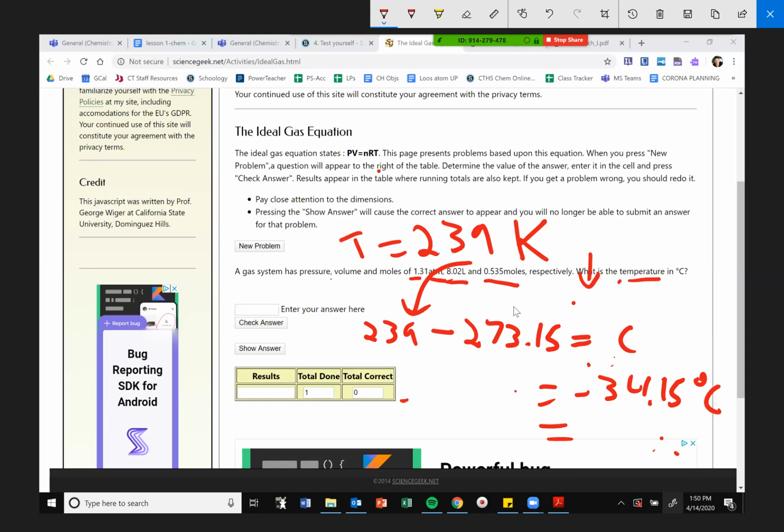Again, this is only 3 significant figures, so let's just go ahead and do negative 34.2 degrees Celsius. And also keep in mind that this is a reasonable number. Negative 34 degrees Celsius, that sounds pretty reasonable.